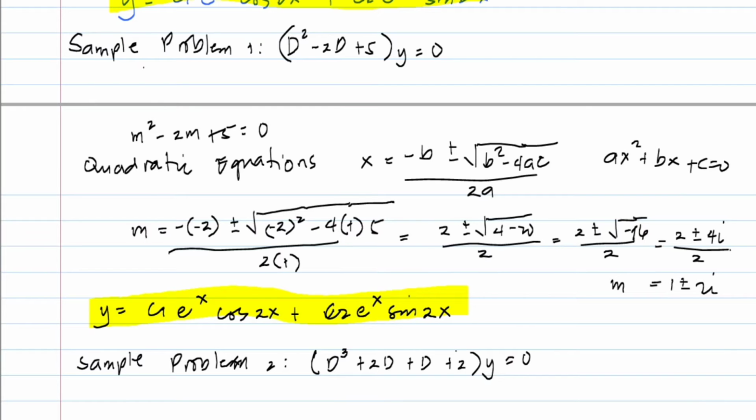Anong gusto nyong gamitin para makuha natin yung mga roots? First, we have to transform it into an auxiliary equation. So, we have m cubed plus 2m squared plus m plus 2 is equal to 0.